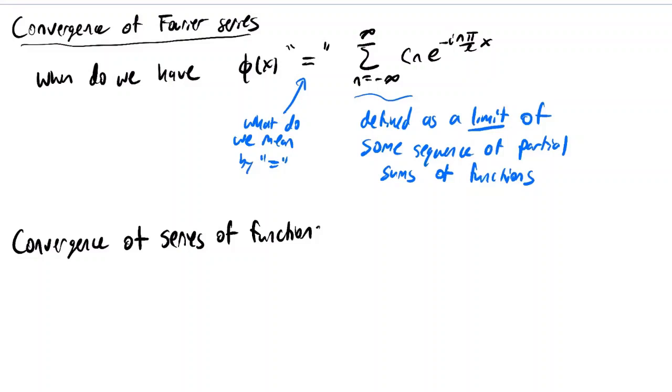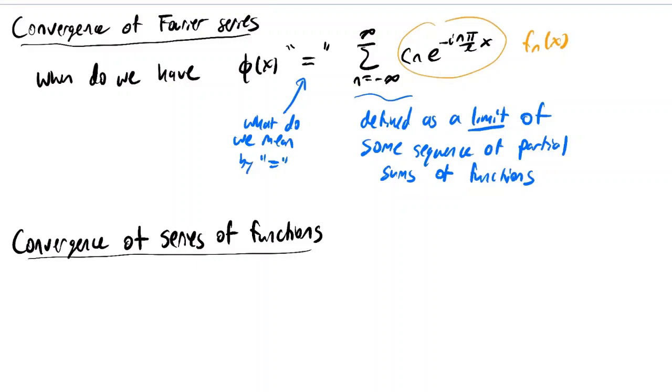So we're now not just going to talk about Fourier series, but more generally where I have some function, say, call this fn of x. What does it mean if you're given a sequence of functions depending on the integers, say fn for each integer n, and you look at a sum like this, what does it mean for this series to converge, right? We're going to talk about this a little bit and then use what we've learned to return to analyzing Fourier series afterwards.